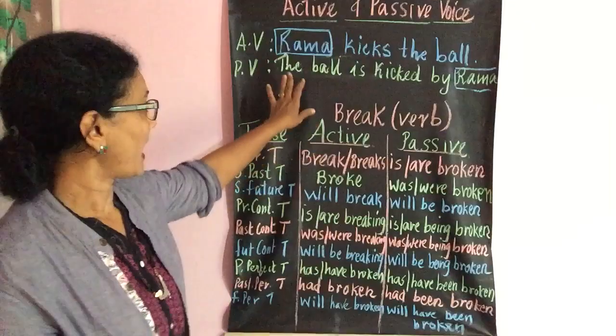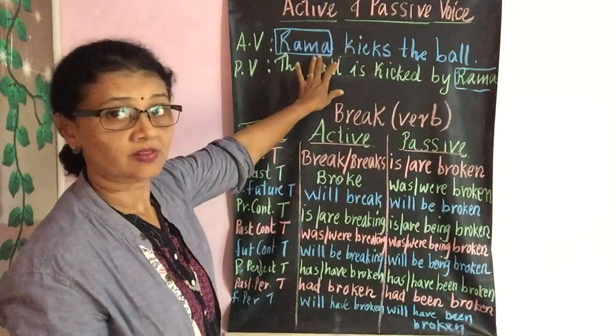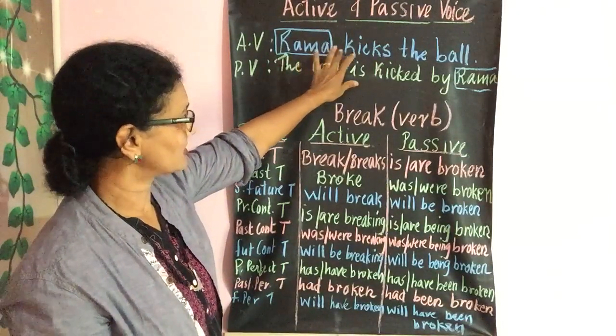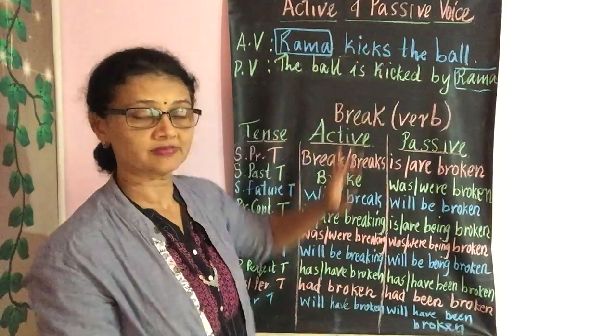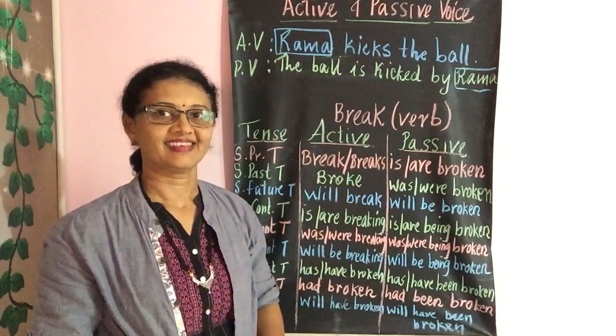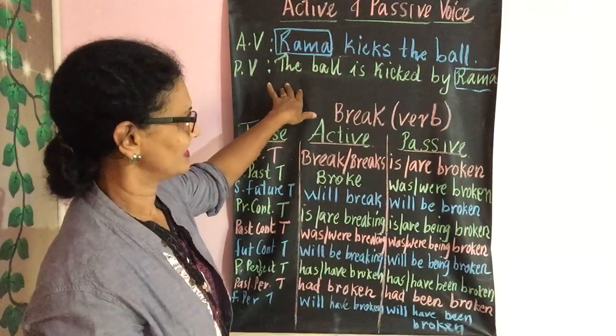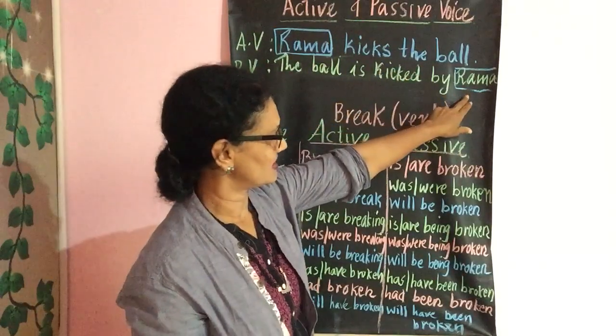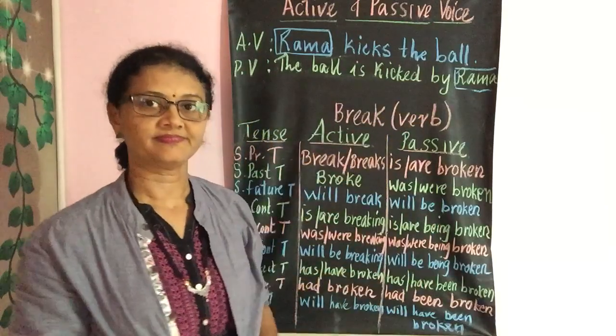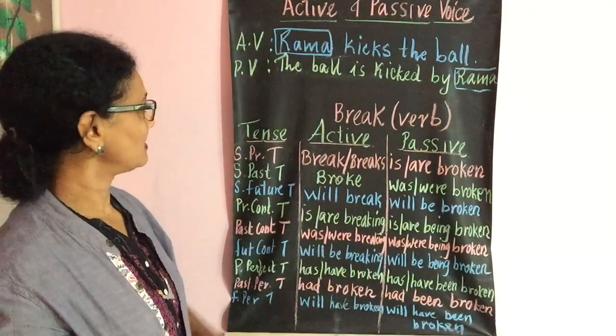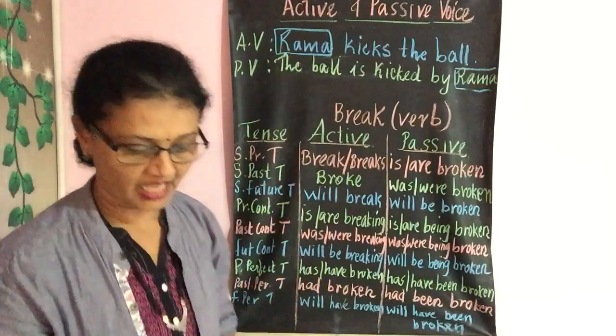How? In active, the subject acts on the verb, on the action, and in the passive voice, the subject is the recipient of the action. Now, what is the action in the first sentence? Is kicks.